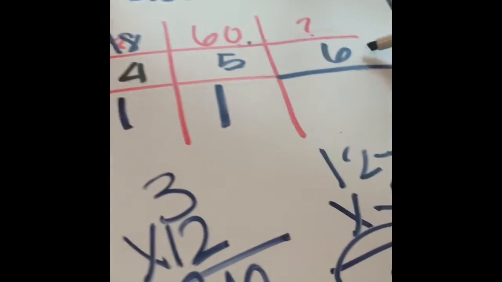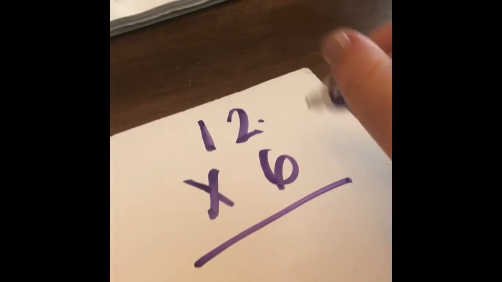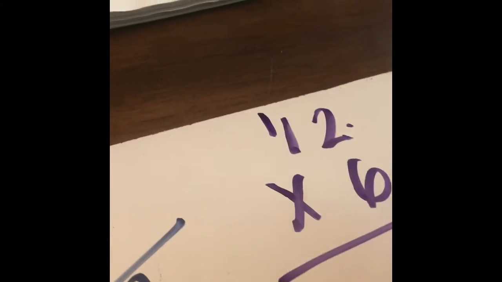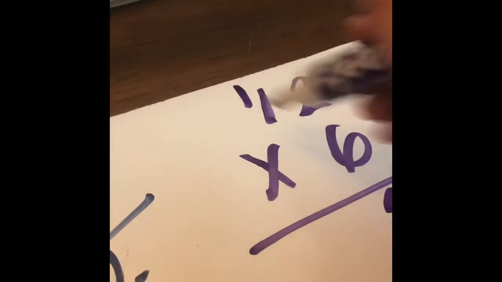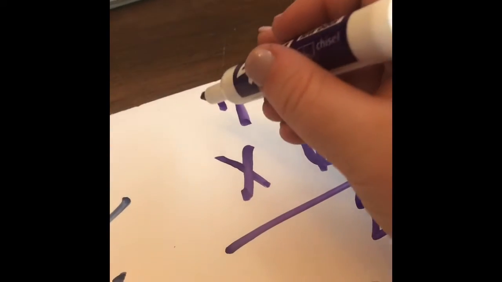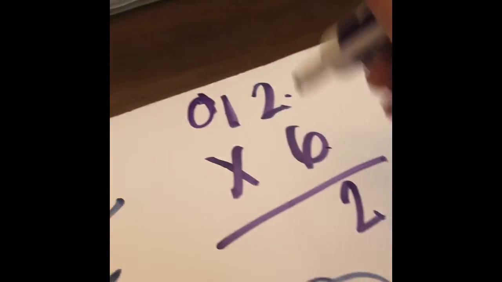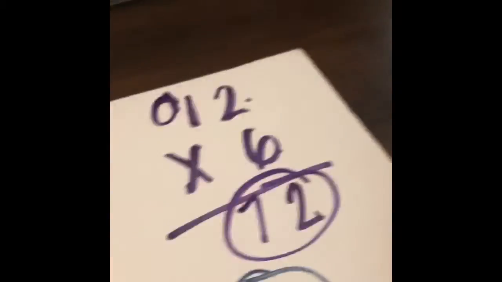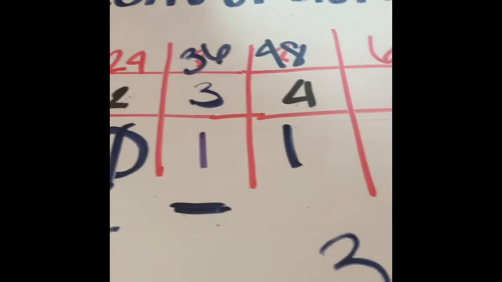Then we have 6 because we have 6 feet. So 6 times 2 is 12. We're going to carry that 1, and then 6 times 1 is itself, so it's 6, and we still have this 1 that we need to add, so that's going to be 72. So we come over here and we add that 72 here.